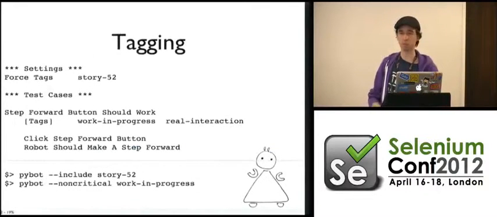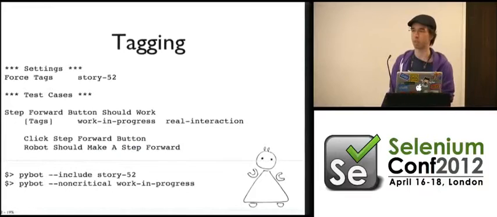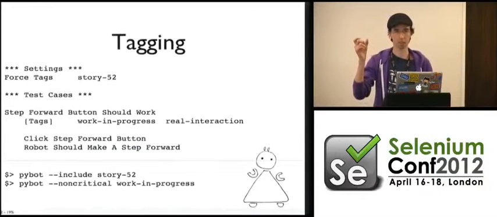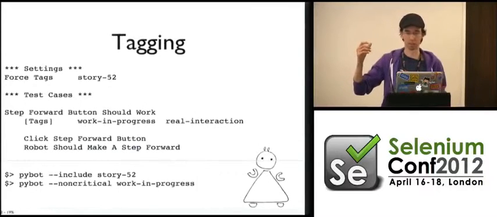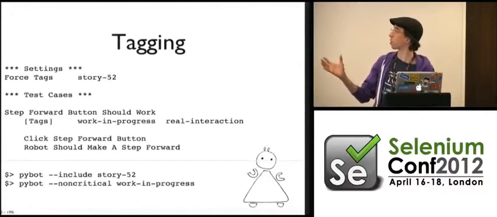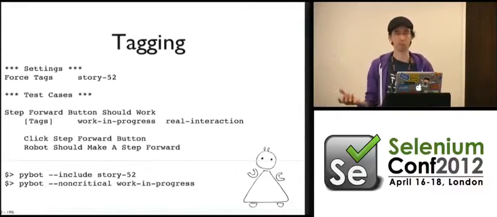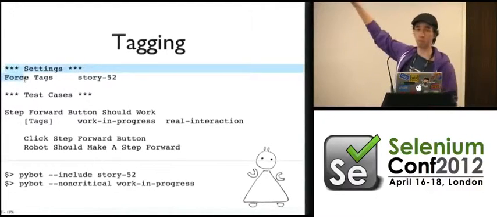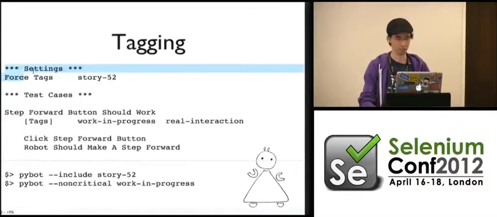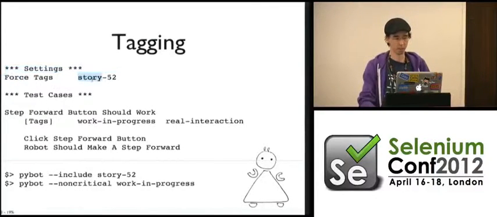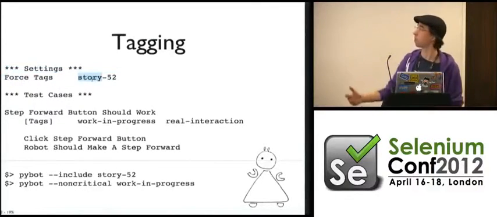Robot Framework allows us to tag every test case and test suite, so I can select which test cases I want to run. For example, in this test suite, it just has a setting there that's optional. I'm setting the tag story 52.